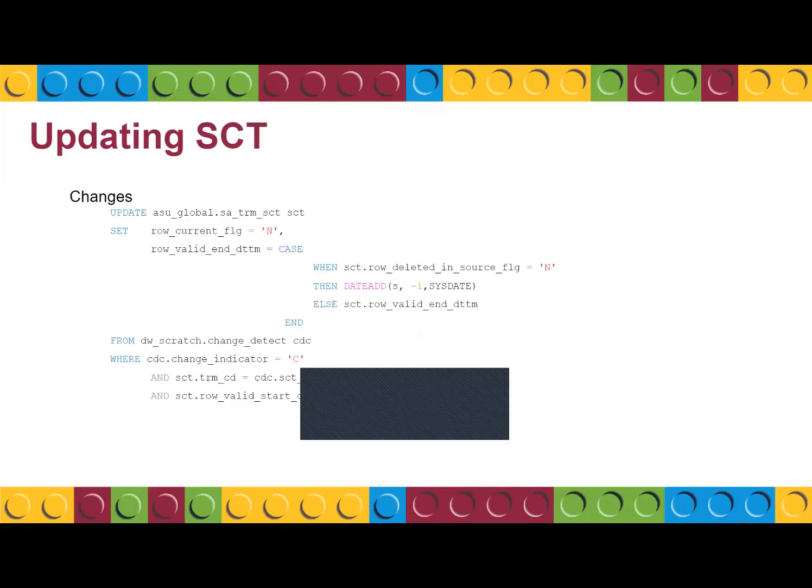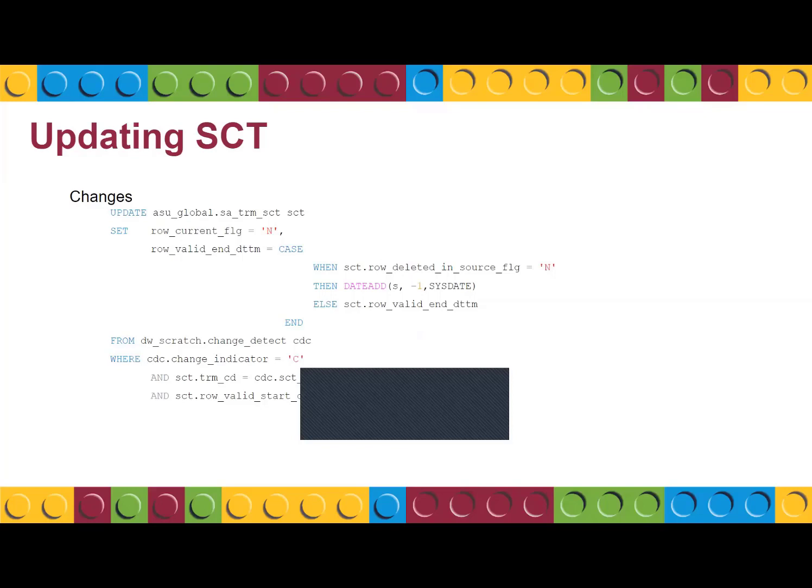Then changes is also pretty easy. Same deal. You're using your change detect output, filtering on the change indicator this time, which is a C or whatever you want it to be.